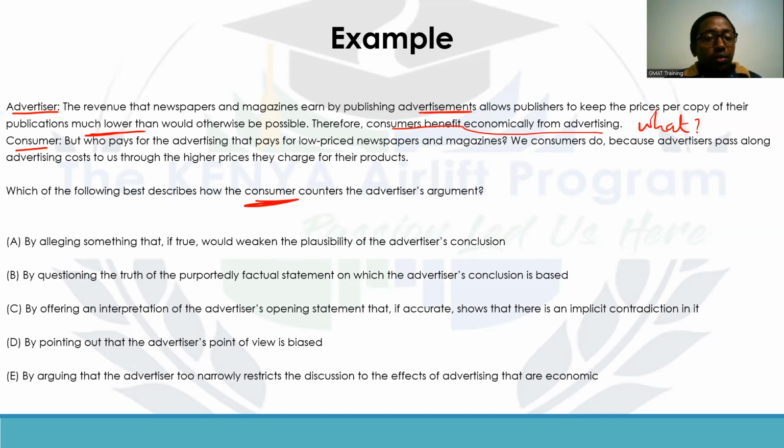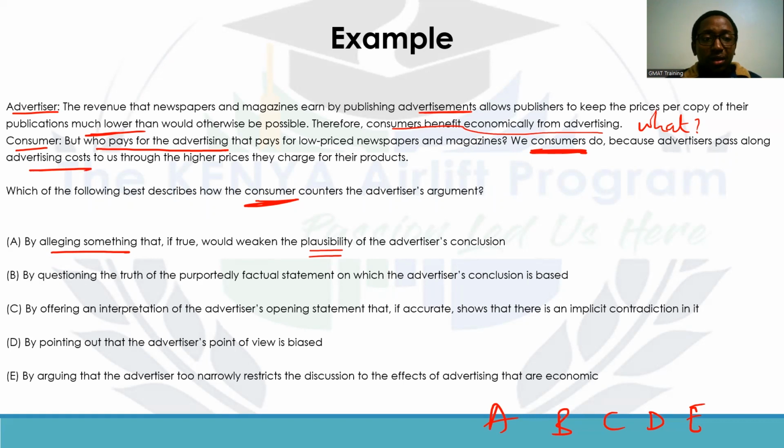Let's look at our answer options. Option A, by alleging something that, if true, would weaken the plausibility of the advertiser's conclusions. So we see, by alleging something. What is the consumer alleging in the first place? That the consumers pay for the advertising when the advertisers pass along advertising costs.